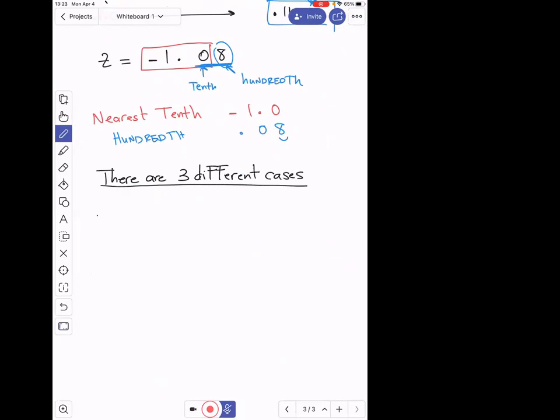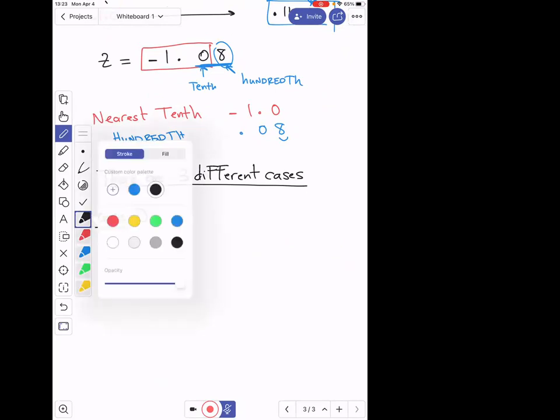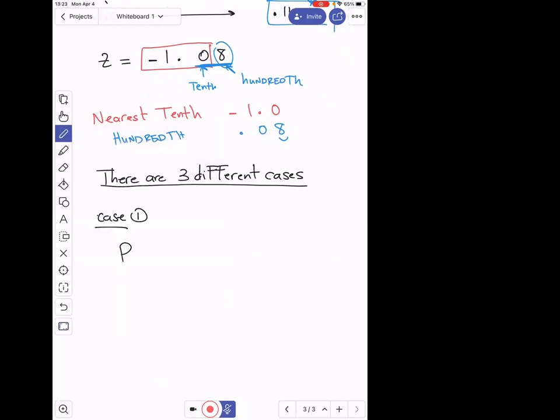Okay. So in the first case, case 1, this is when you want to find the area to the left. So Z is less than some number. So case 1, this is the probability that Z is less than some number. Let's say, I'm just going to take a random value here, 1.5.